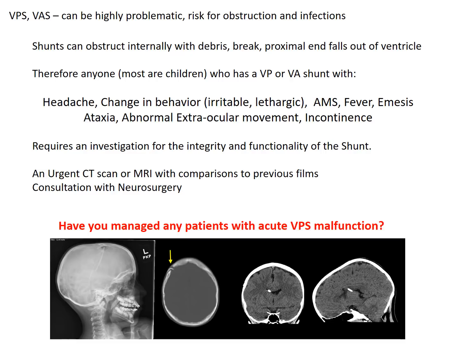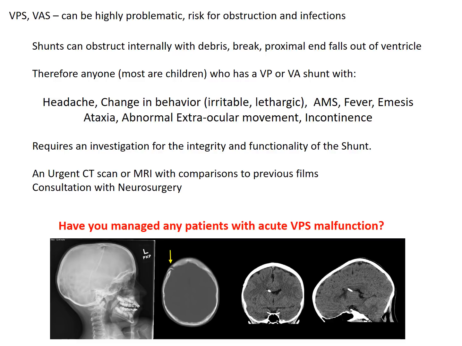Individuals with those symptoms suggestive of elevated intracranial pressure who have a VP shunt in place need to be initially managed as suspected for elevated intracranial pressure, meaning urgent medical imaging of the shunt and the brain to look at placement of the shunt itself, the integrity of the shunt, and whether or not there's accumulating hydrocephalus.